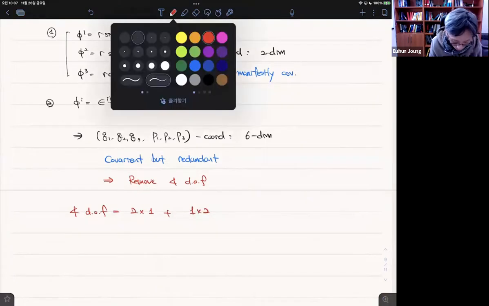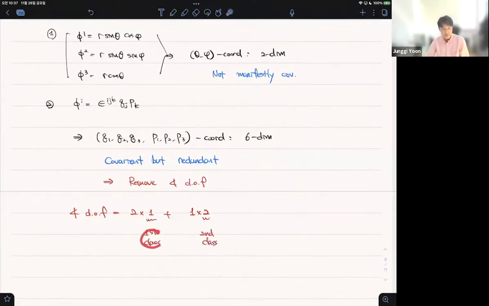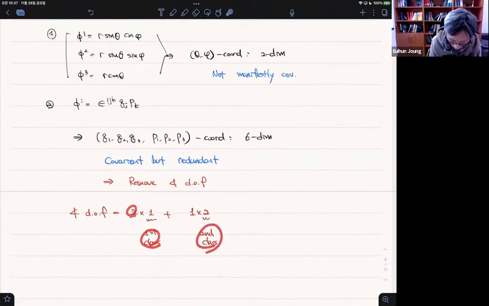So this is a first class constraint, and this is second class. First class removes twice, and second class constraints always come in even numbers, and each removes only 1.